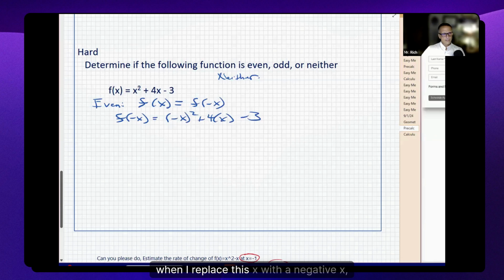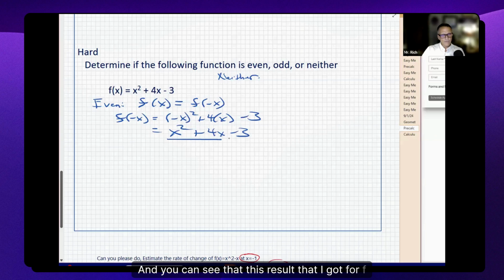Well, when I replace this x with a -x and then I square it, you know that when you raise a negative to an even power, it's going to turn it back to a positive. So this is going to be x squared, and this is going to be plus 4x minus 3. And you can see that this result that I got for f of -x is not the same thing as f of x right here.